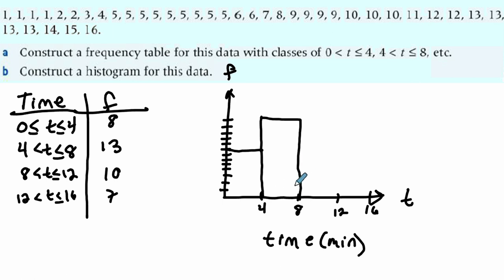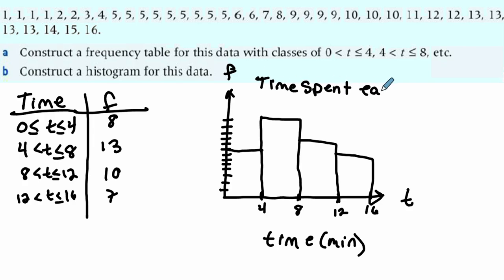Between 8 and 12, there are 10. Between 12 and 16, there are 7. This is how you construct a histogram, making sure that you have a title on your graph, which is time spent eating lunch.